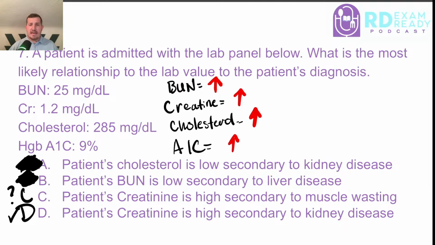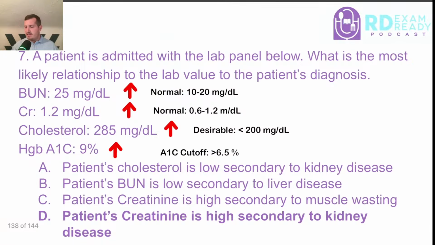C, creatinine is high secondary to muscle wasting, could also be a true statement, but based on the fact that their BUN is high and their creatinine is high, I don't think it's a muscle wasting issue. To me, it feels more like a kidney issue. So if I'm going to go with the best fit here, I would say D is by far our best fit. I am in agreement with all of you here.